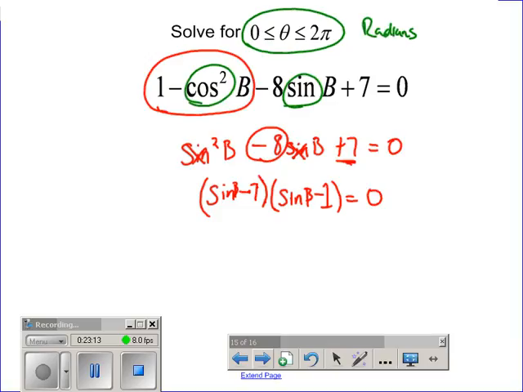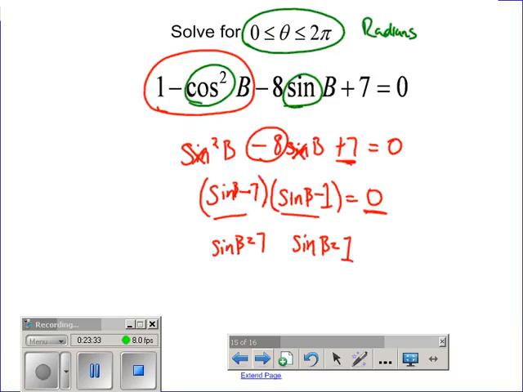Now I can set each one of my factors equal to 0. So I have sine b equals 7 and sine b equals 1.